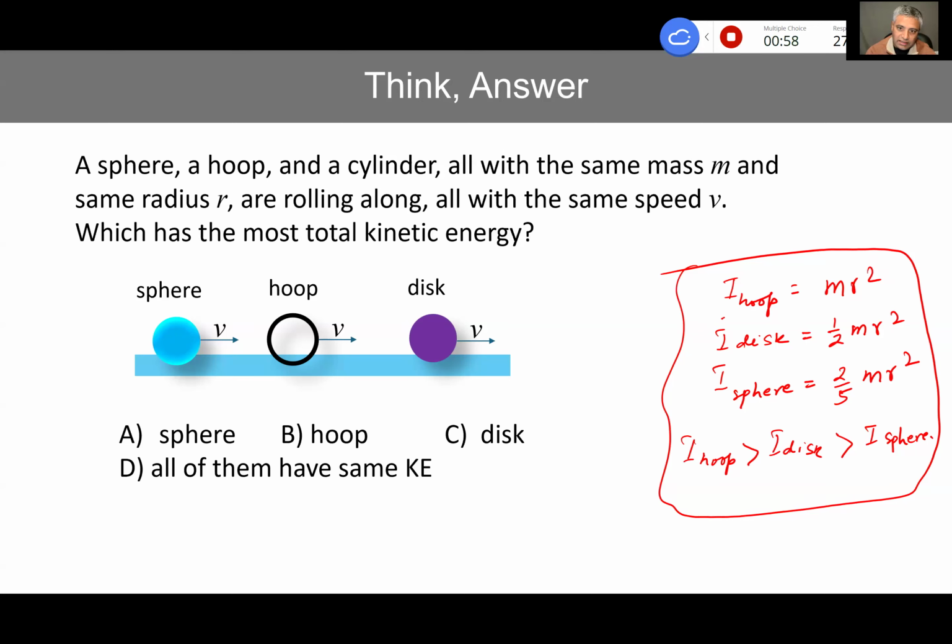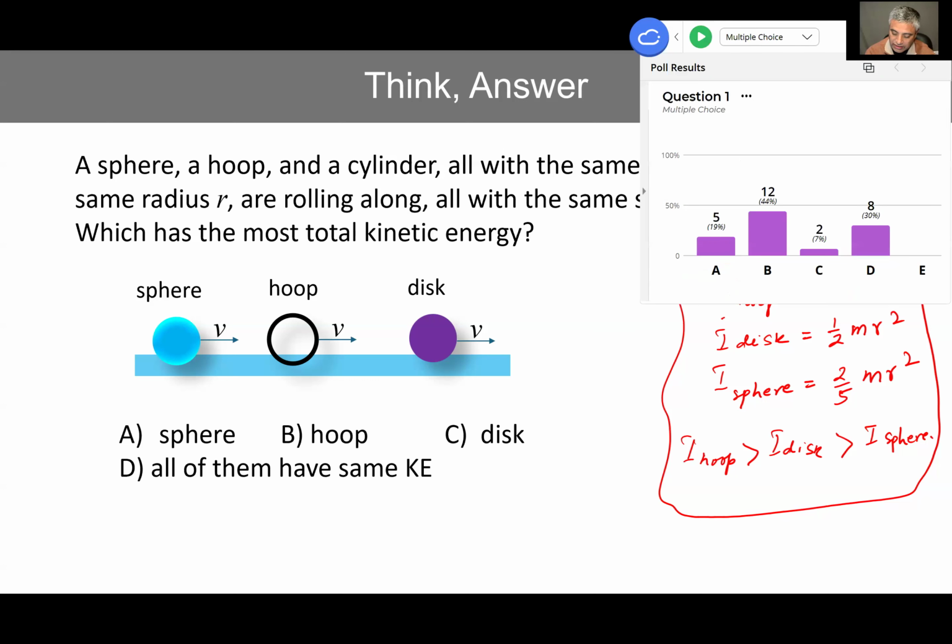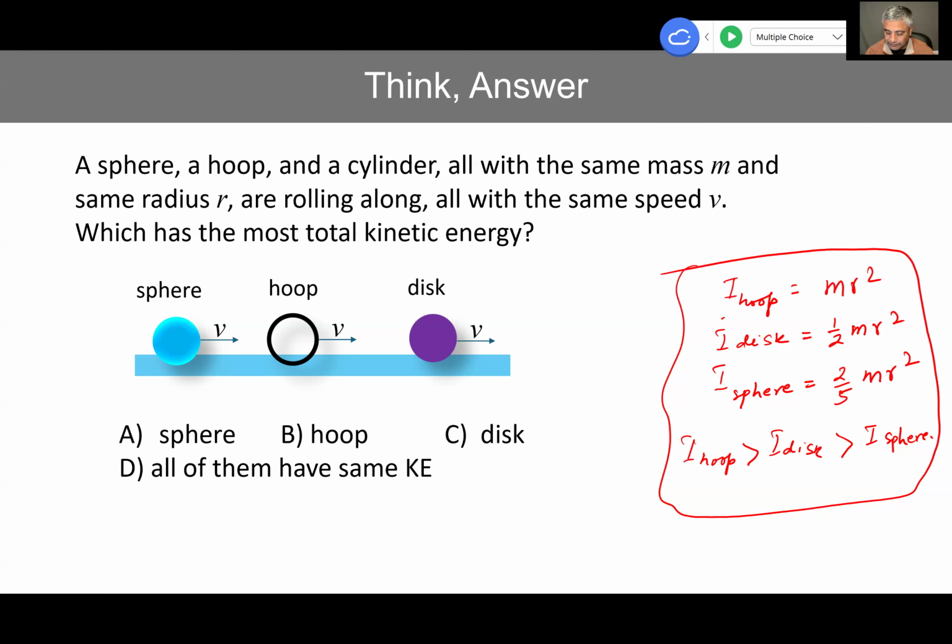And 5 more seconds. 5, 4, 3, 2, 1, and it stops. Okay, so let's see what we got. We got more for B, and D is kind of competing behind, and A is not that far either.